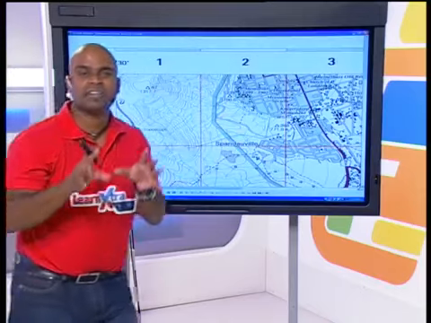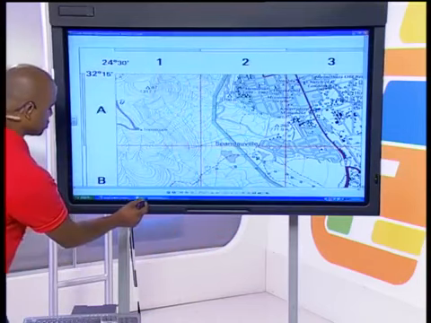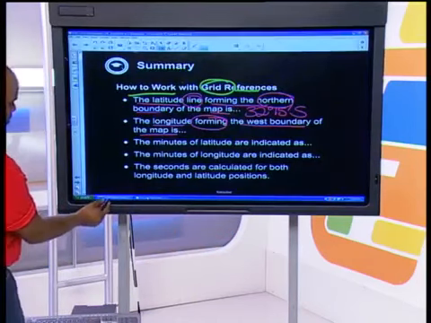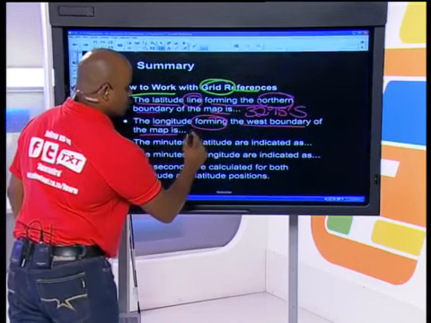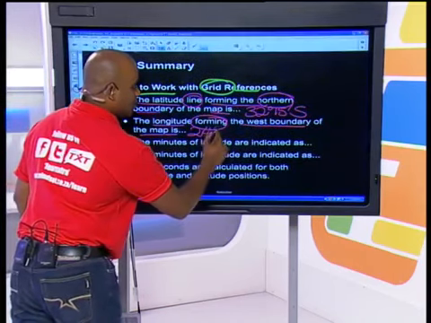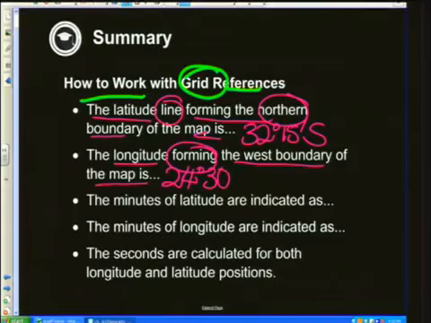These are important aspects that you need to understand in relation to Graaff-Reinet's position to the equator as well as the Greenwich meridian. Let's go back to the question and note that, let me just check that again, 24 degrees and 30 minutes. So it's 24 degrees and 30 minutes, which is our westernmost boundary.